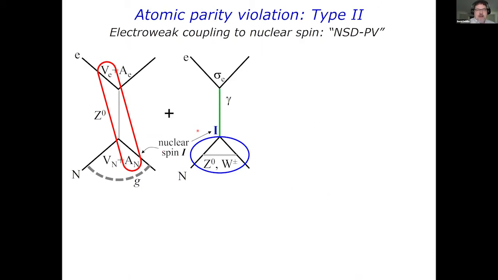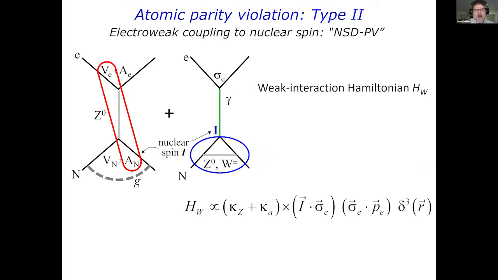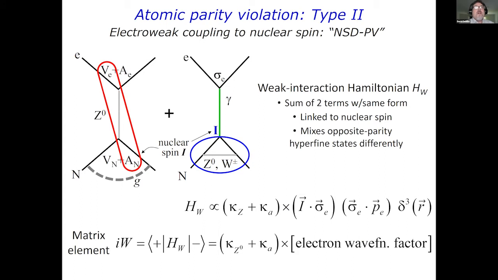So in fact, these two effects have to be thought of as one unified effect that can be measured in any particular atom or molecule with an electron and a particular nucleus. The actual form of the Hamiltonian, I won't try to say much about this except for the fact that it has two terms of the same form.